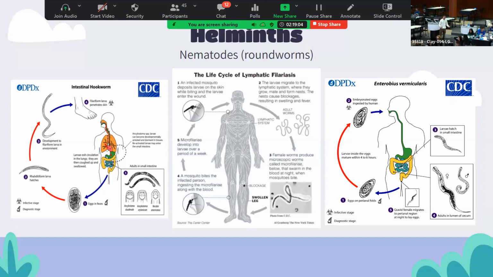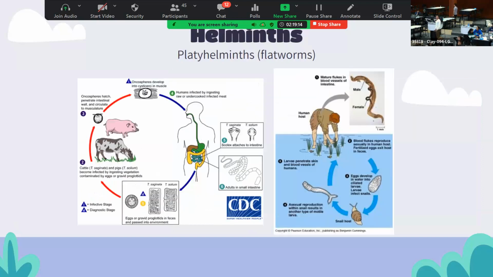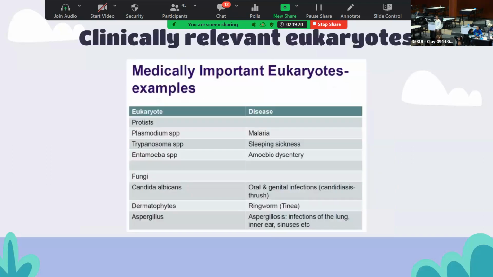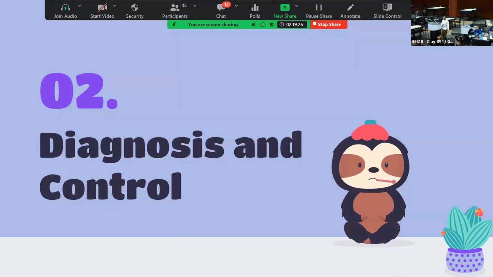So when can they be seen? Usually it's through eggs in the feces, but sometimes it's through blood tests at certain times and whatnot. And then those are platyhelminths, flatworms, and then clinically relevant eukaryotes, same table as before. Any questions on that?